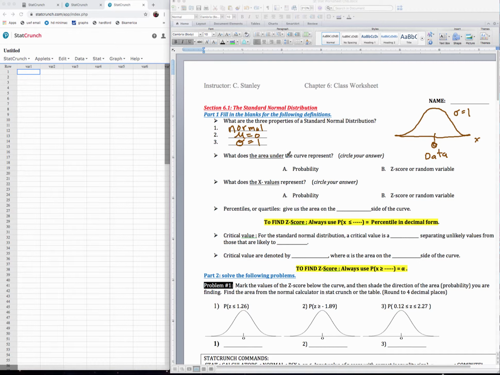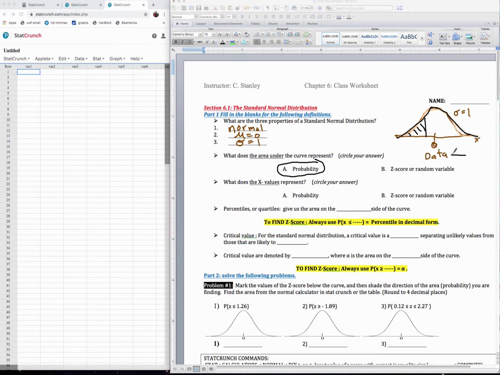Okay, so what does the area under the curve represent? Basically this is the curve right here, the top part of this. Under this curve is area, so this shade right here. That shade right there is called probability. Okay, so what do the x values represent?